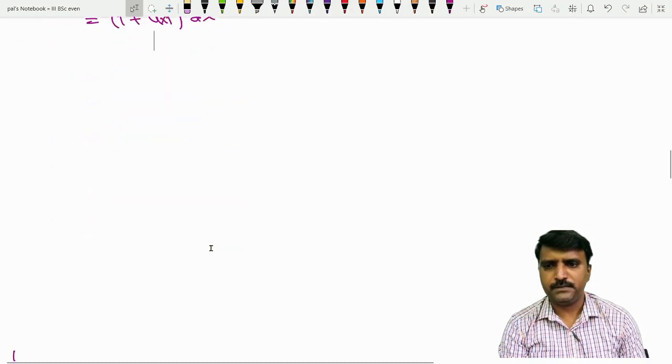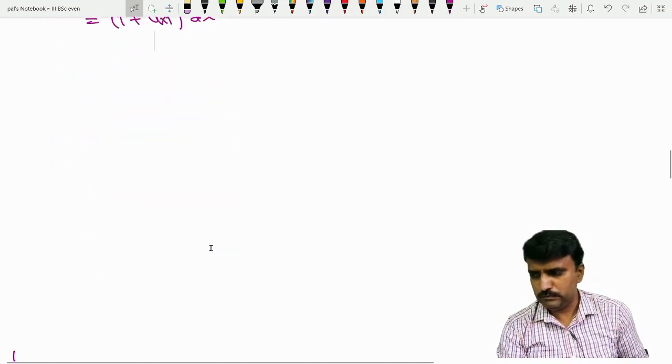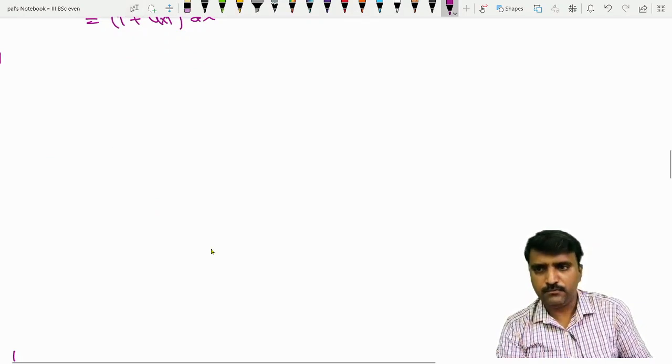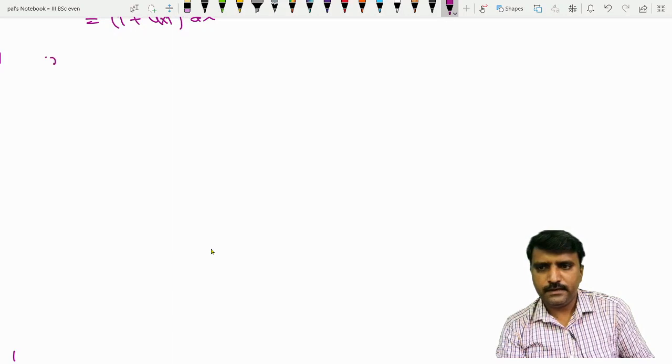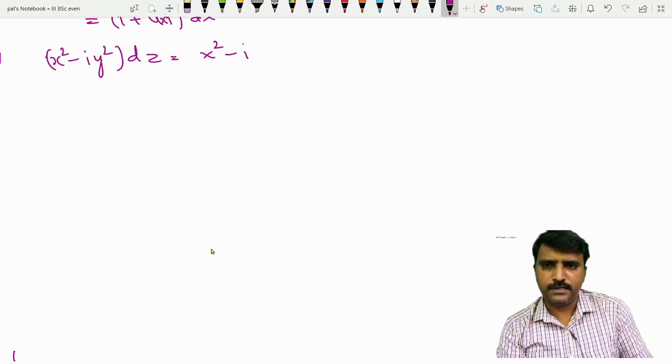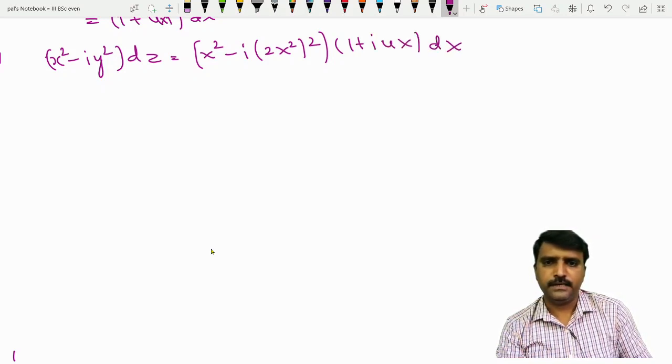So now I is equal to, you calculate this separately, x square minus i y square into dz, which is equal to x square minus i. What is y here? y is 2x square, this whole square, into dz. dz is 1 plus 4xi into dx.